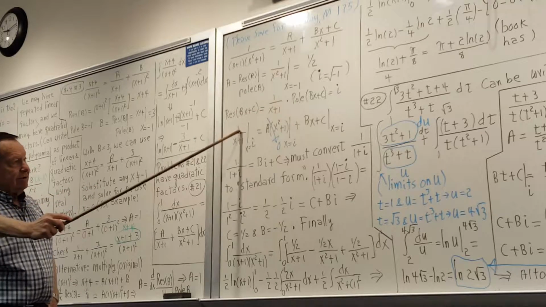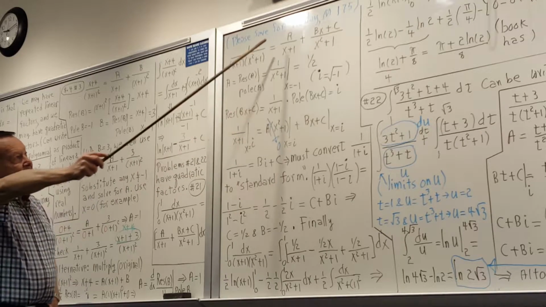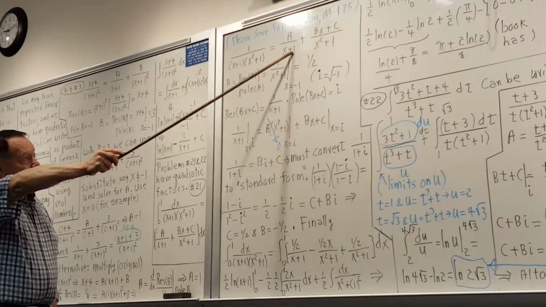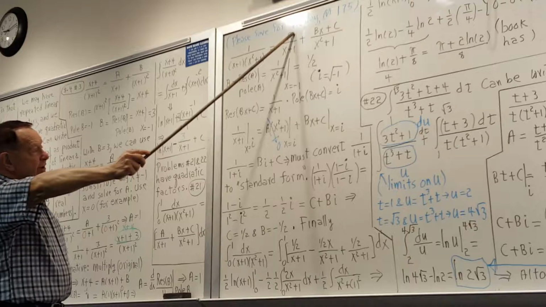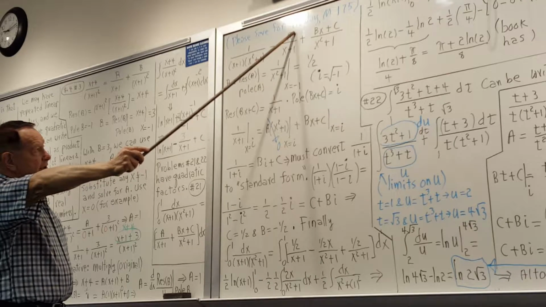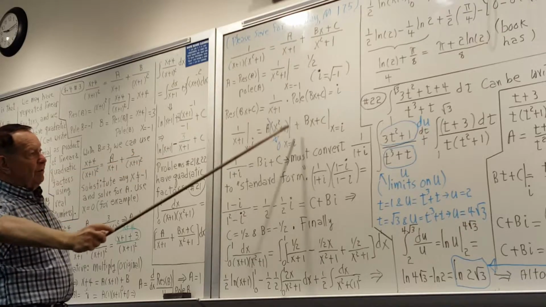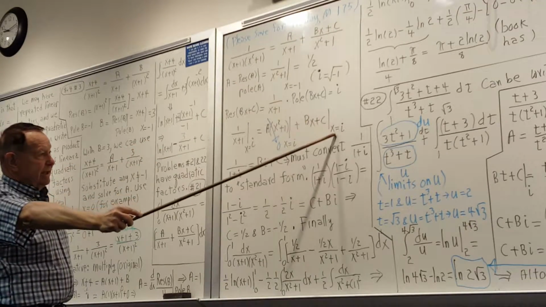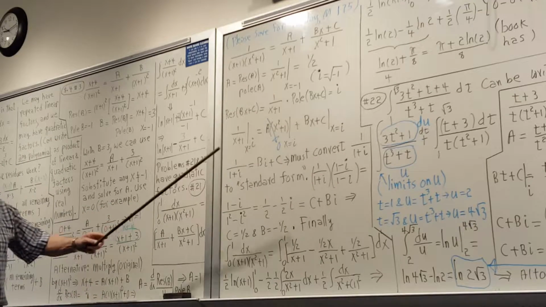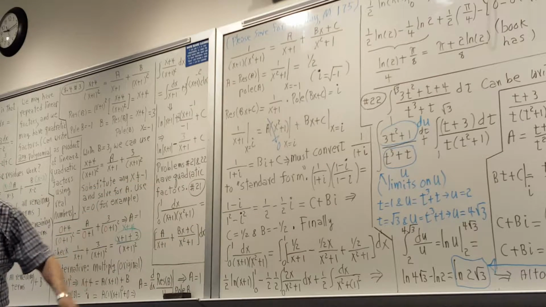So your residue at your pole removes this, because you've multiplied through really by this denominator when you got your residue. So you have A times 0, and then over here you have bx plus c at i. So this will get you B and C together.